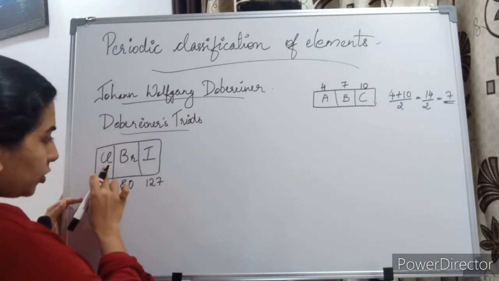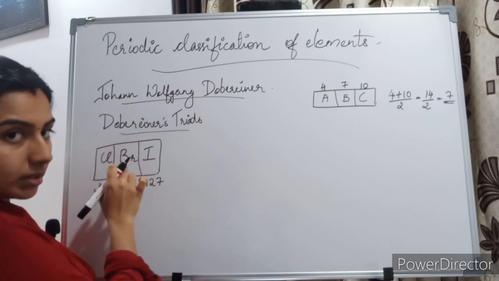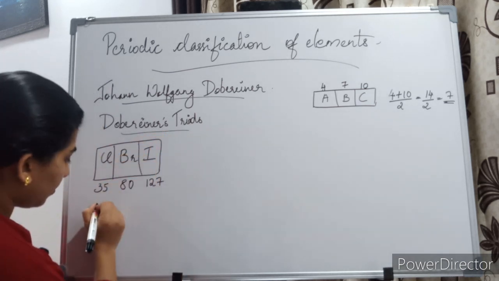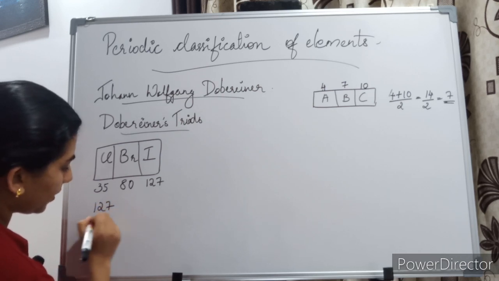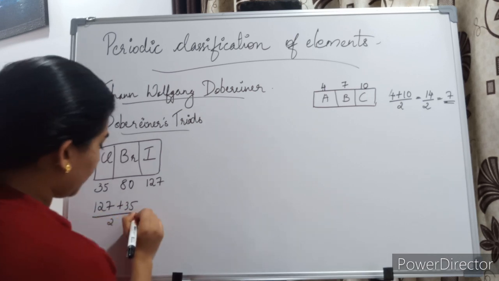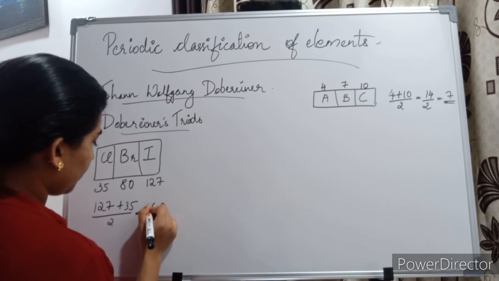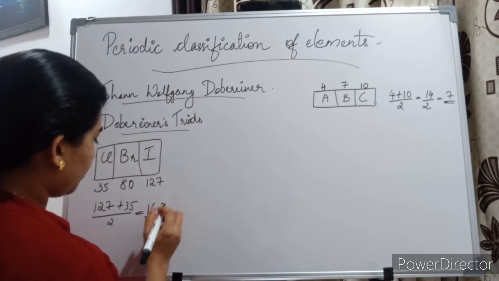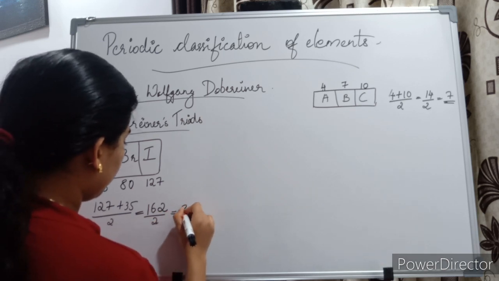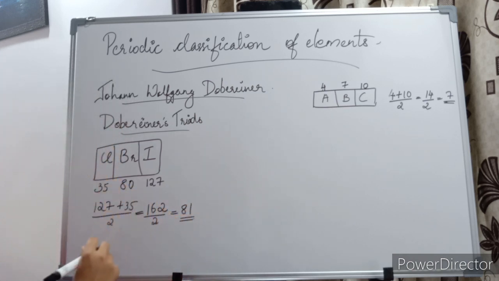The average of the mass numbers of these two elements will be equal to the mass number of the middle element. So 127 plus 35 by 2 equals 162 by 2, which is 81.